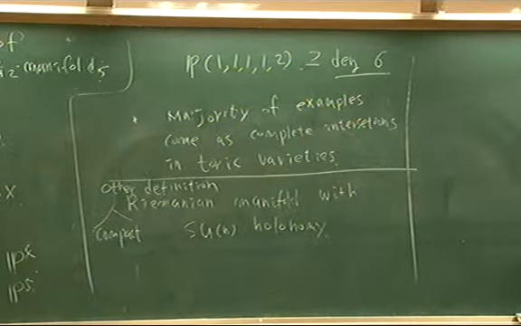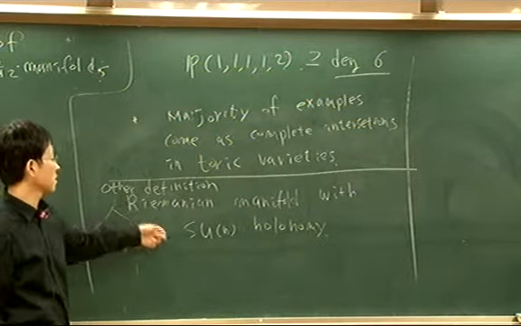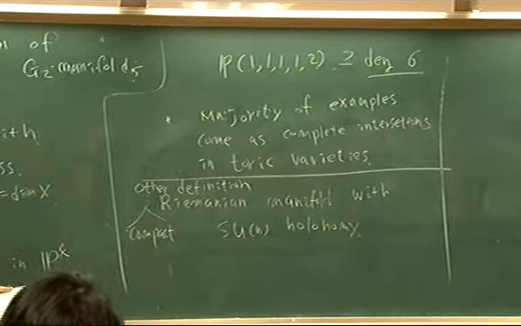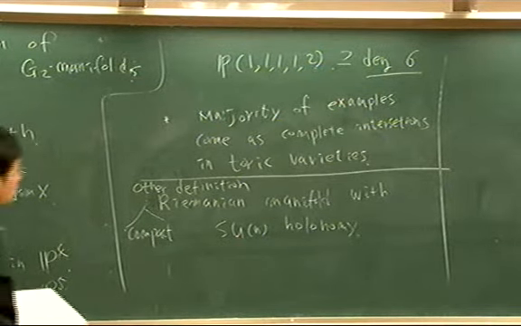So one can define a Calabi-Yau manifold as a Riemannian manifold which has SU(n) as its holonomy group.